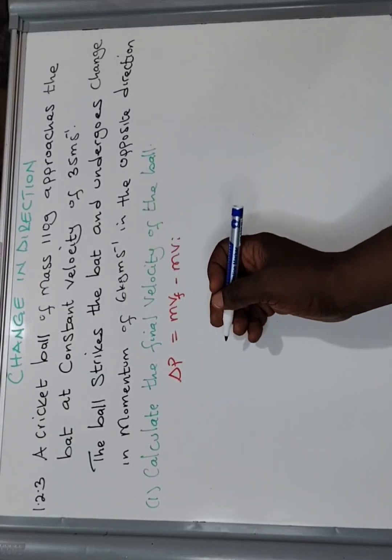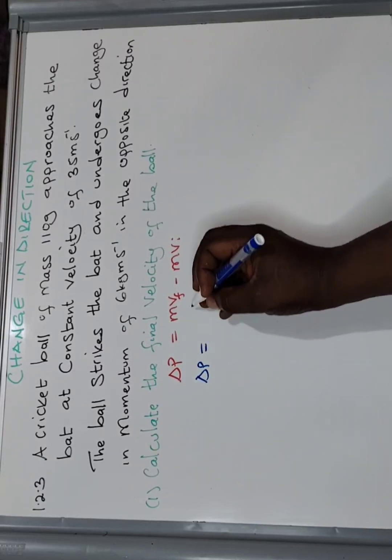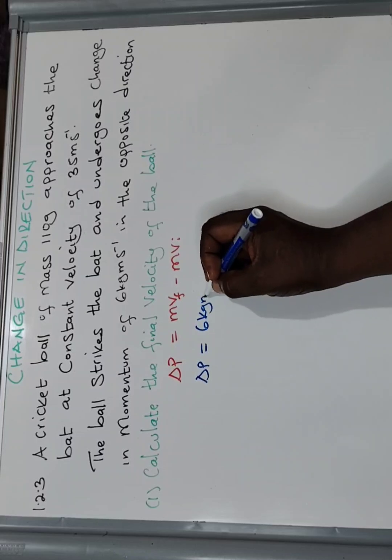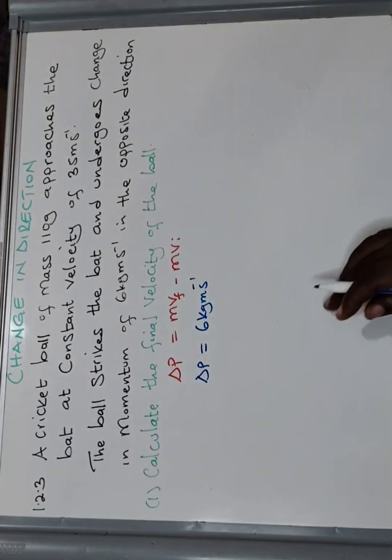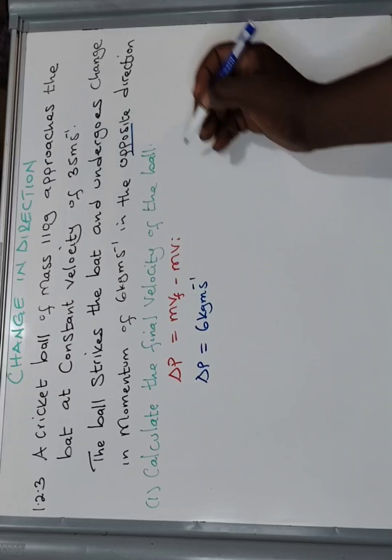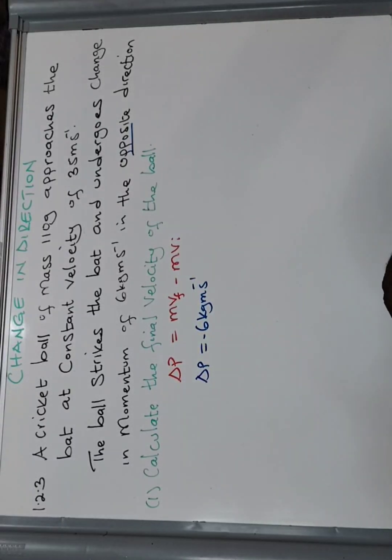We have it there. So the change in momentum is 6 kilogram meters per second. But you have to remember something. They said opposite direction. So it is what? Negative, on the assumption that our initial velocity is positive.